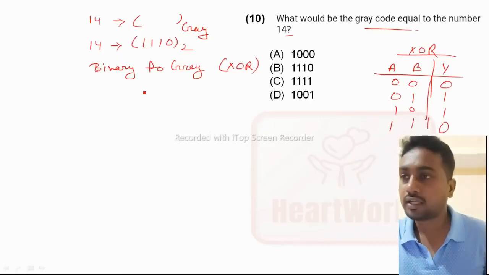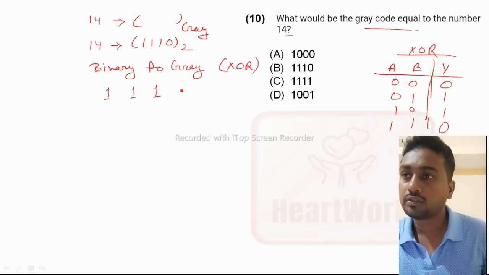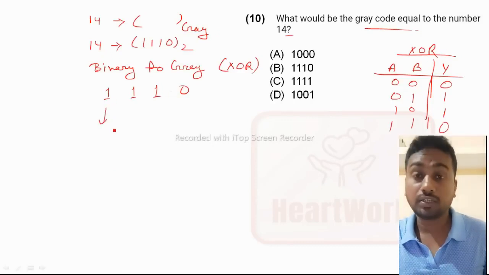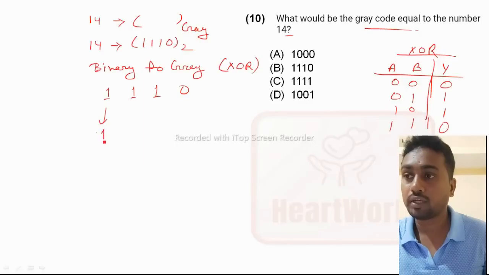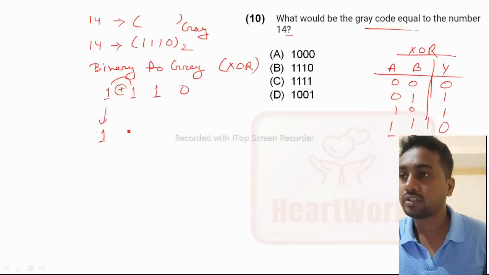So for binary to gray conversion, this is the binary code: 1 1 1 0. Now you have to convert it to gray. First, the MSB bit stays the same, so you write 1. Now perform XOR between 1 and 1, which is 0.